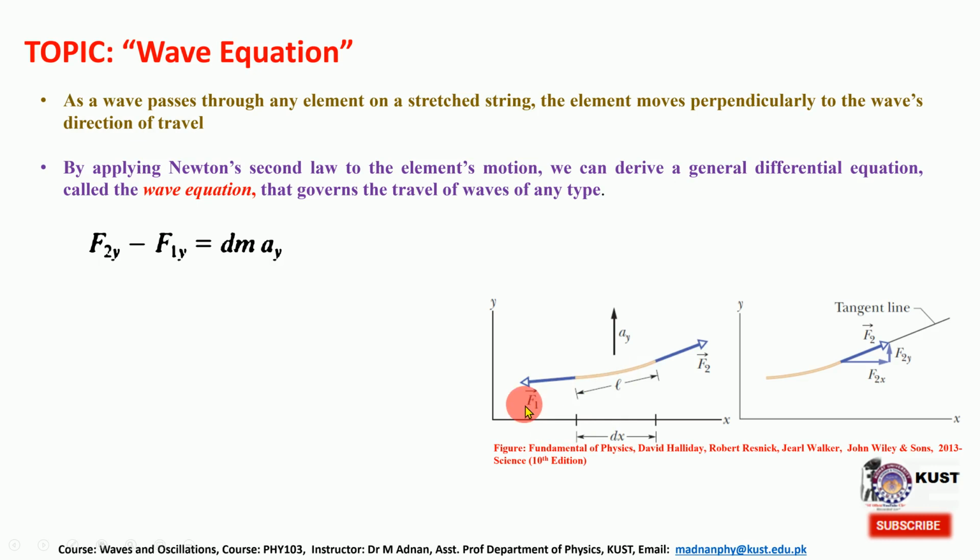So the net force on that element is the difference between the vertical components. If you remember, we have seen that the horizontal component just cancels out, not contributing towards the motion along the transverse direction. If we consider this one force in this figure, that force F2 has an F2x component and then an F2y component, and similarly for the first force: let's say on this end the force is F1 and on that side it is F2.